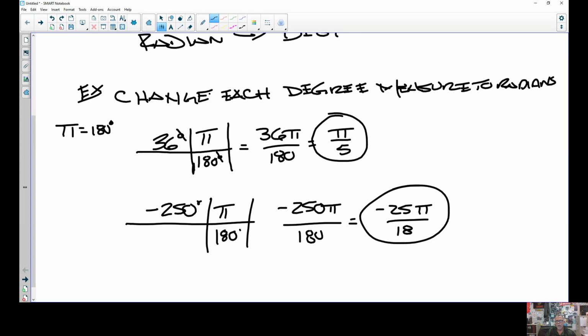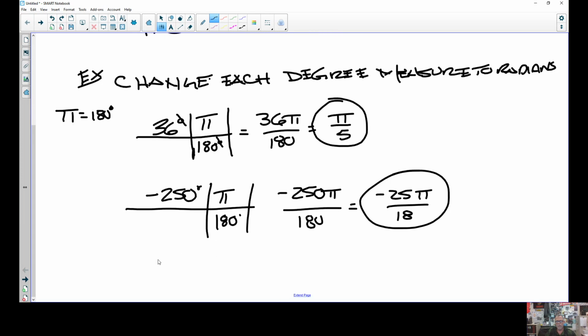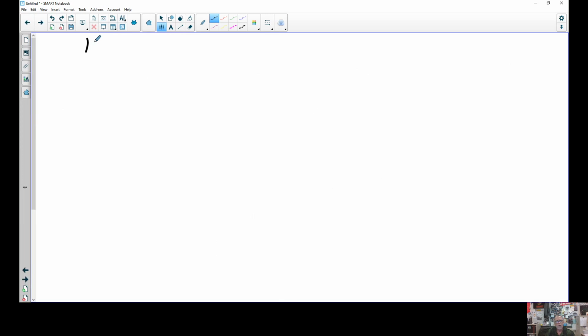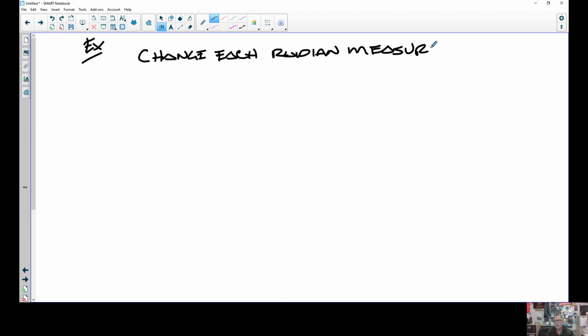We're using that conversion. Now, what about going the other direction? What if it says, instead, for example, change each radian measure to degrees.